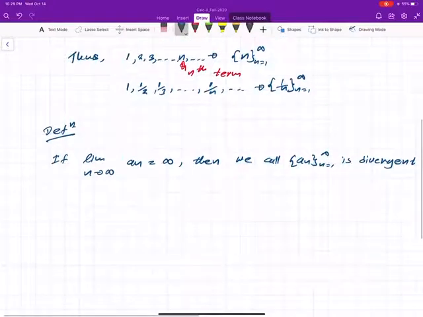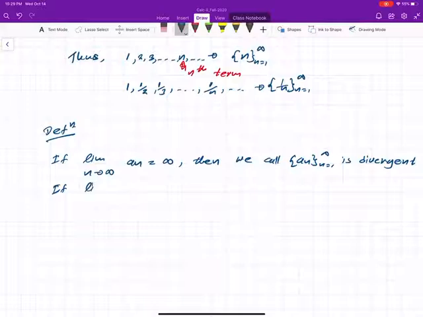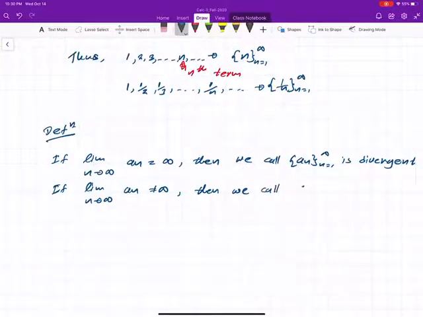And then we define convergence: if the limit as n goes to infinity of a_n does not equal infinity, then we call {a_n}, n goes from 1 to infinity, convergent.